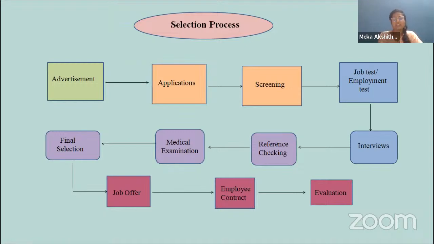When the candidate receives the job offer, it is the confirmation that they are eligible for this job, and the basic details, such as the basic pay being offered, the job role, and the terms and conditions, would all be mentioned in that job offer.